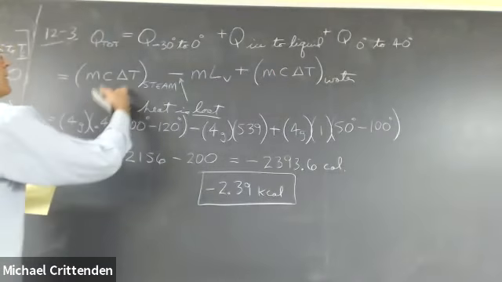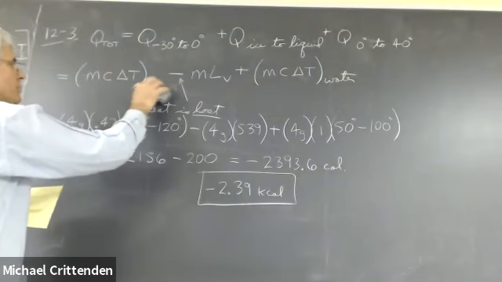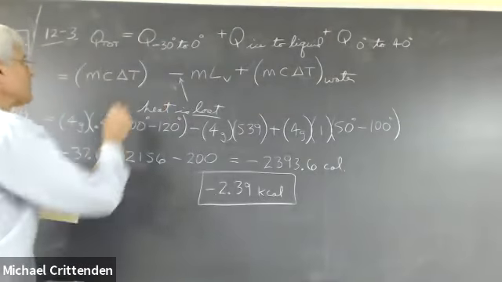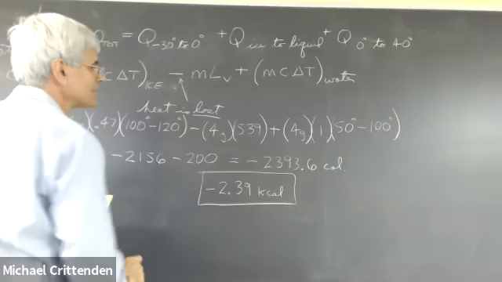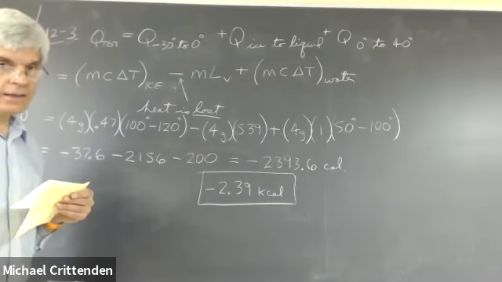So Q for a change of temperature, Q is equal to MC delta T. To melt ice, you add heat.